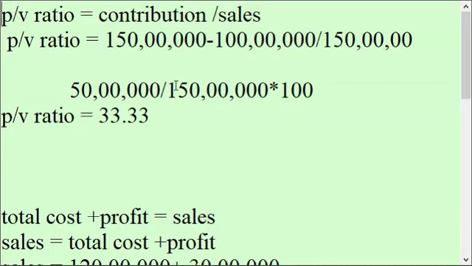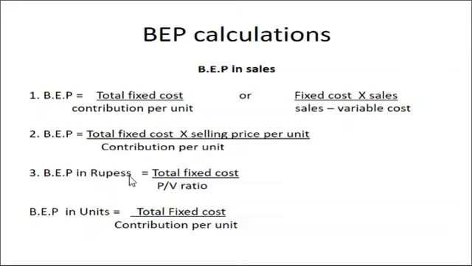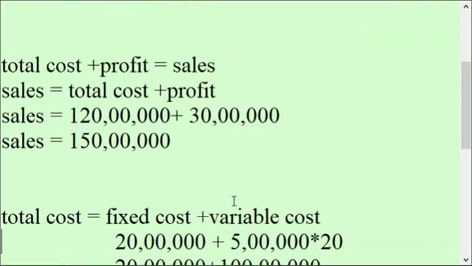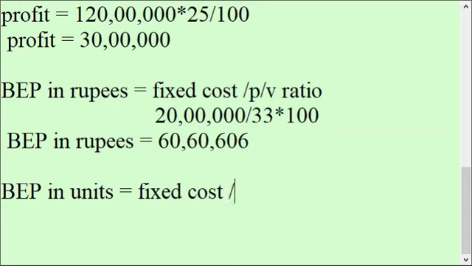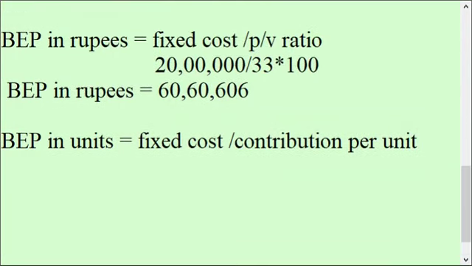Okay, so total fixed cost, what is the formula? Total fixed cost divided by contribution per unit. Yes, so here BP in units is equal to total fixed cost, we can say fixed cost divided by contribution per unit. Okay, fixed cost we know 20 lakh, we need to find out contribution.